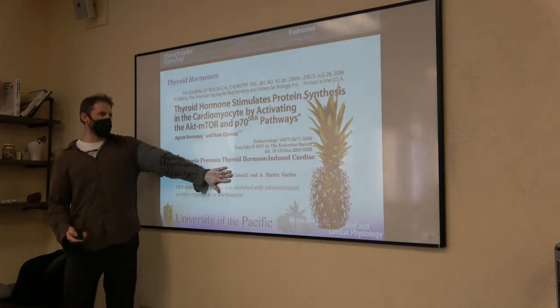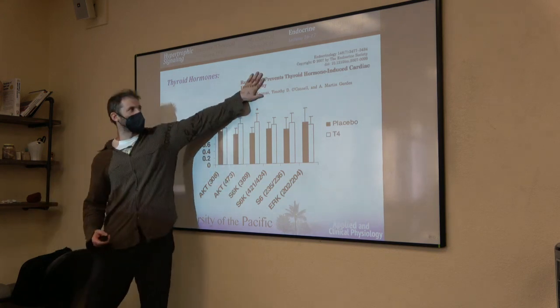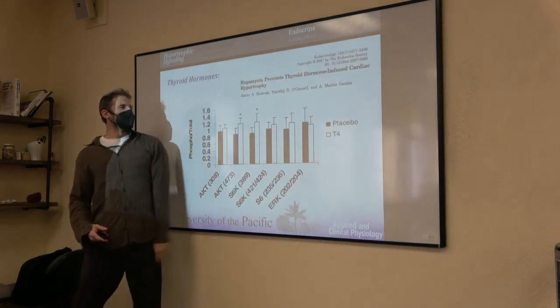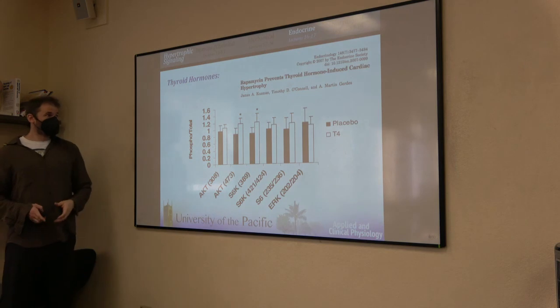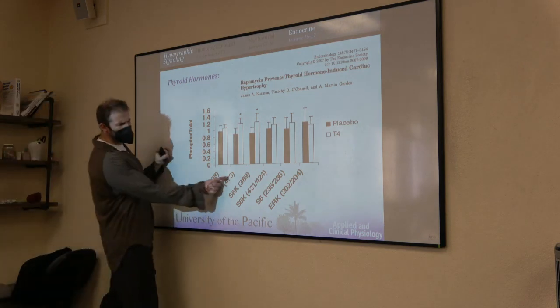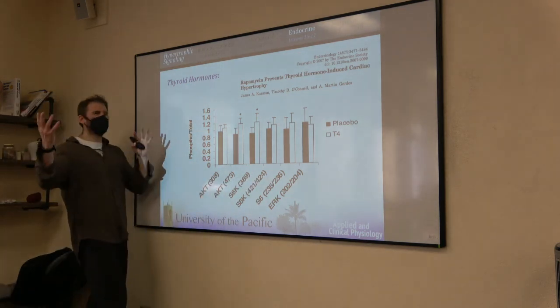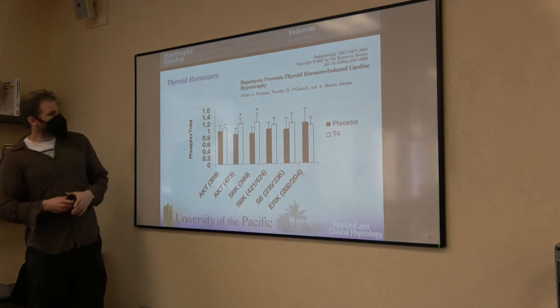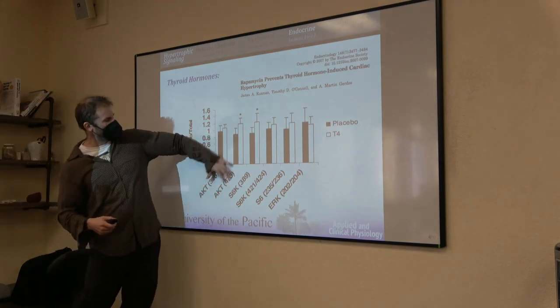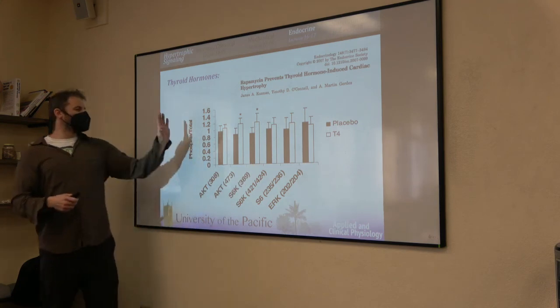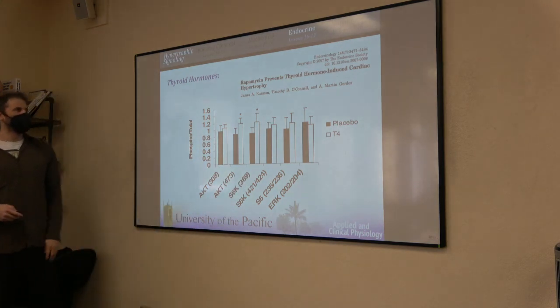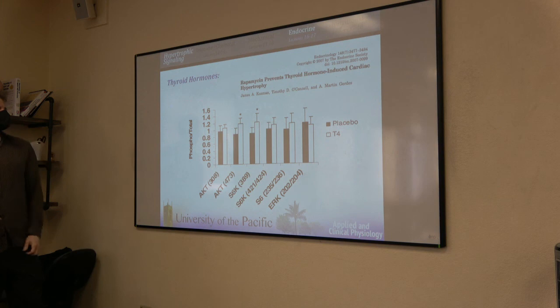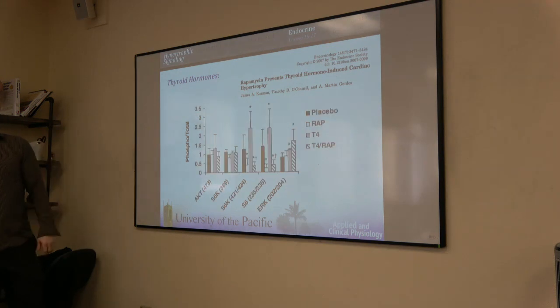Both of these articles will be available, but listen to this one, same thing. And looking at T4 and the placebo, and depending on where you're phosphorylating things, remember there are multiple phosphorylation sites. Here we're looking at PKB and S6K having an elevated phosphorylation state. This one's more fascinating.